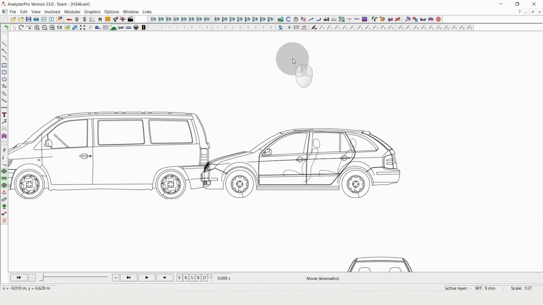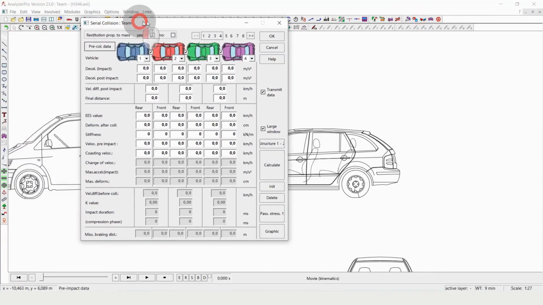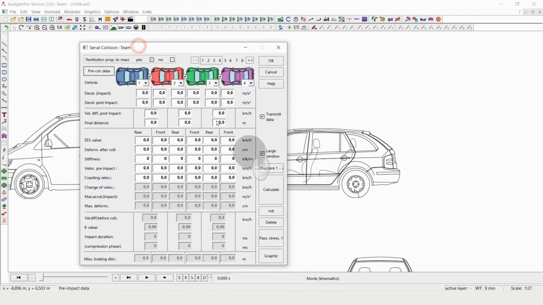I'm opening now the module serial collision, and don't be overwhelmed by the huge input window. This is theoretically designed to make rear end collisions or serial collisions with up to 8 vehicles.